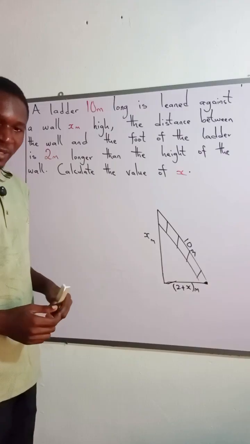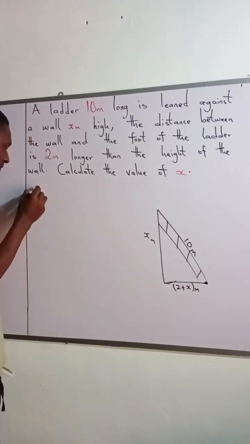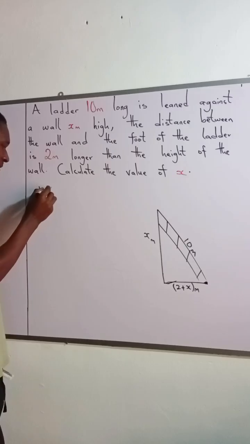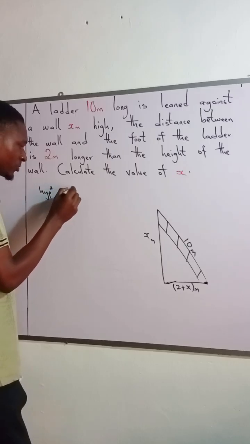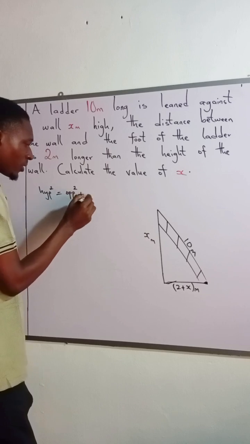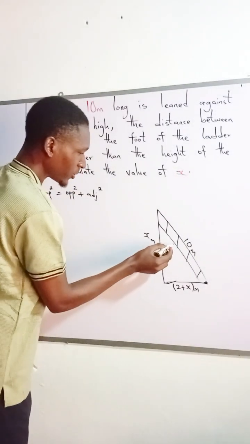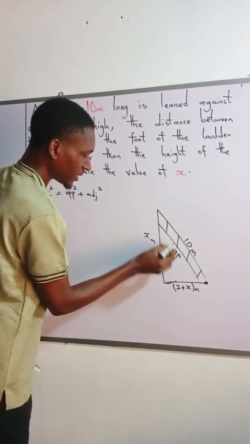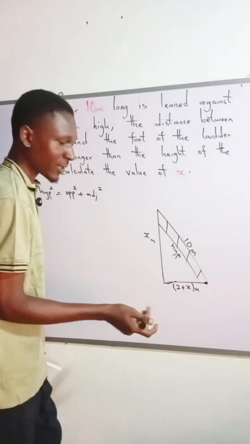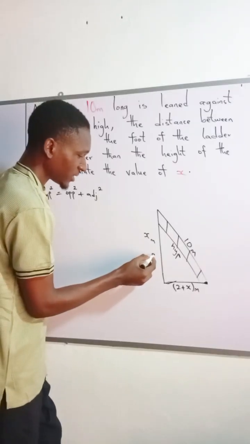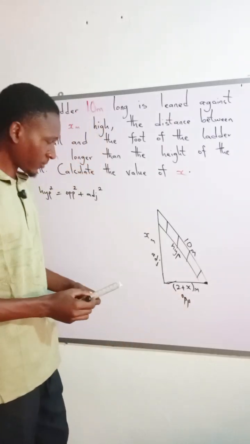So in dealing with Pythagoras theorem, we say the hypotenuse raised to the power of 2 is equal to opposite raised to the power of 2 plus adjacent raised to the power of 2. The hypotenuse is the longest side, and either of the other sides can be opposite or adjacent. So let's just say this is adjacent and this is opposite.